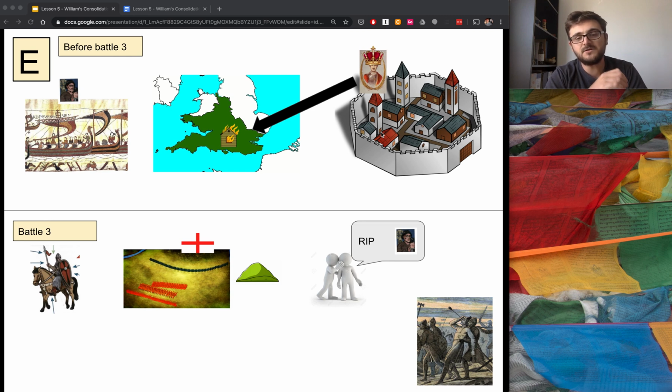And by committing those atrocities in Wessex, by destroying farms and buildings, William, Duke of Normandy, hoped to tempt King Harold to leave London and fight him in the open. And this strategy worked. Harold took his army away from London and marched to meet William in Hastings, which leads us to Battle 3, the Battle of Hastings.